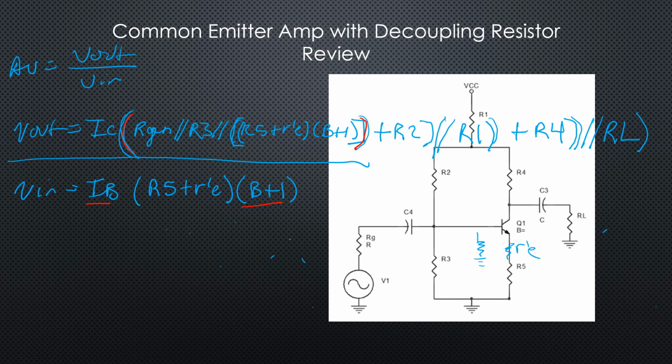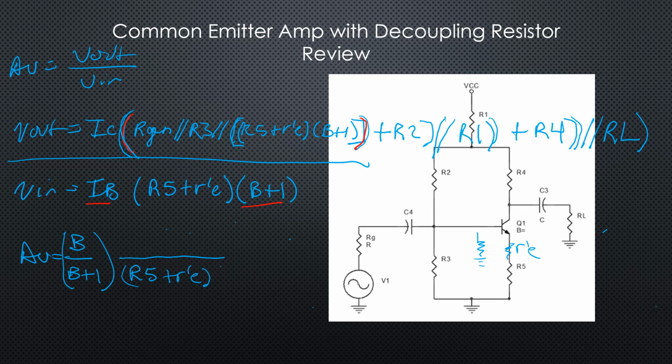So if we divide that right there, we can now say AV is equal to alpha, IC over IE, which converts in terms of beta to beta over beta plus 1. There's alpha. And then now multiply that by the R5 plus R'(E). And then the numerator, that's the denominator.